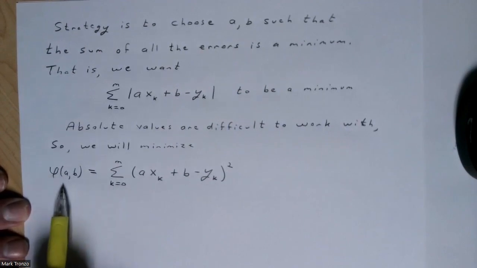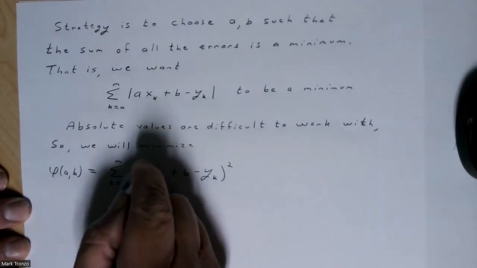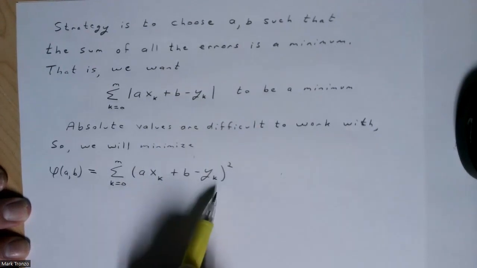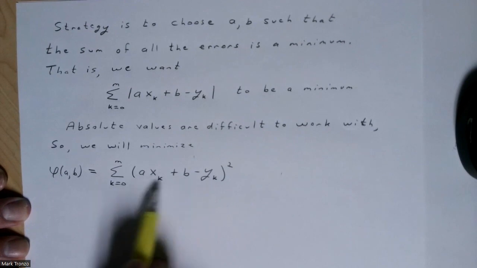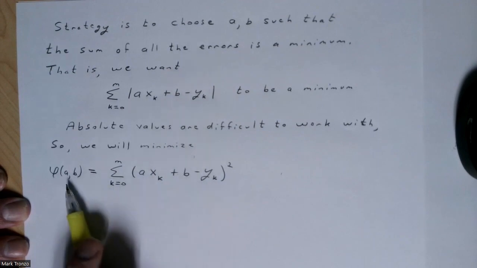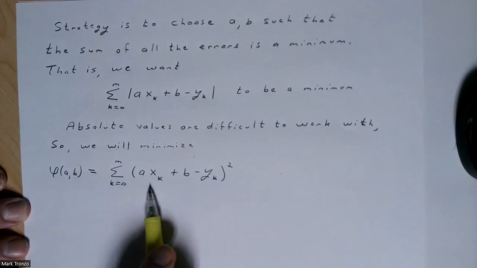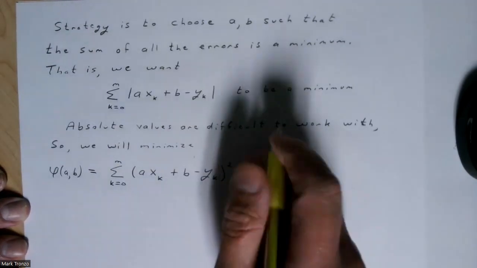And notice we're going to consider this a function of A and B, because we're summing up all these points, the xk's and the yk's, and the variables are going to be A and B here. So we'll consider this thing a function of A and B. So we want to minimize this function with respect to A and B.